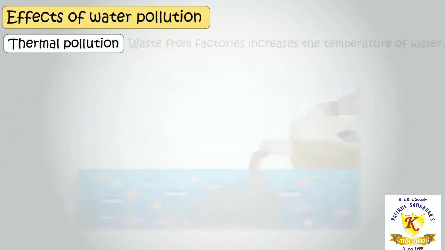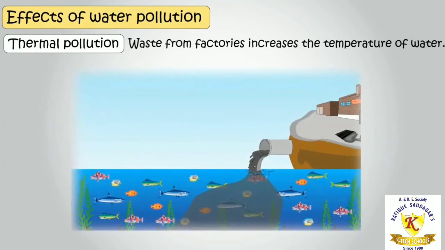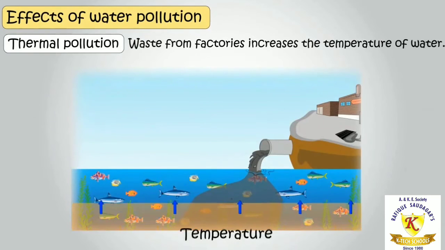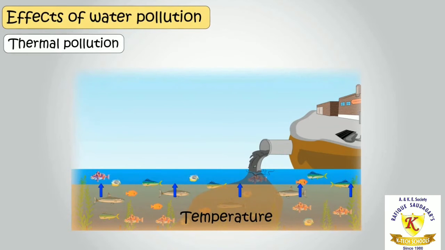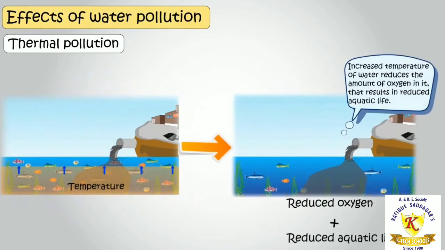Understood? Another reason is thermal pollution. Waste from factories increases the temperature of water, and due to this increased temperature, the life of marine animals is affected. Increased temperature of water reduces the amount of oxygen in it, which results in reduced aquatic life.